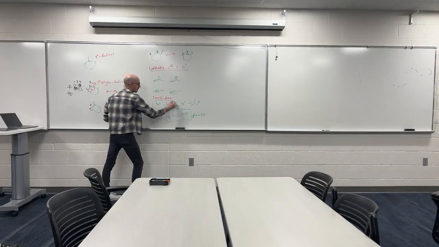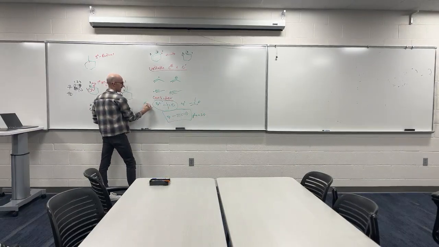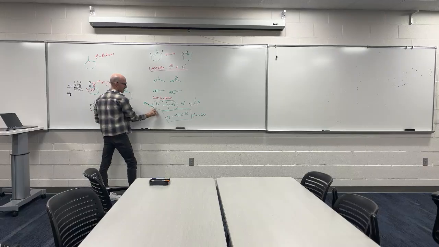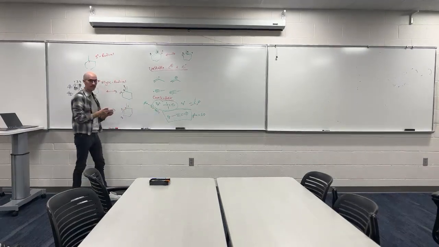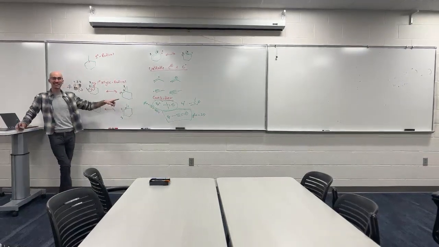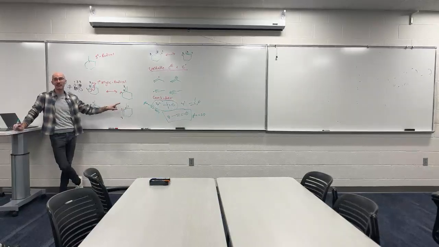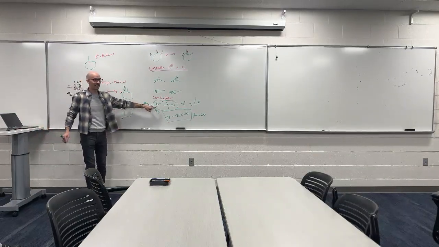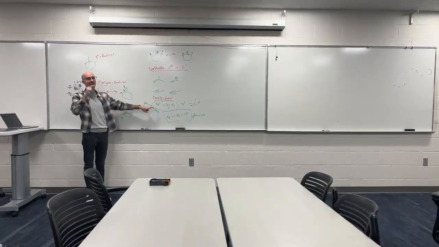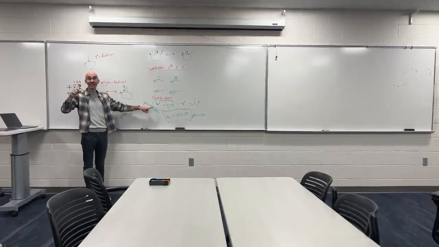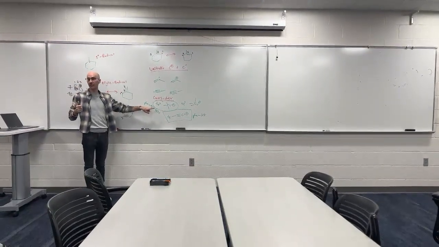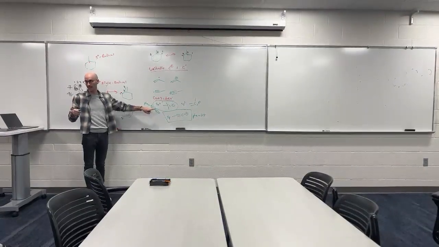Whereas the sp3 carbon has a pKa in the 50s to 60s. That is 10 to the 25 times more basic, 10 to the 25 times less stable, 10 to the 25 times more reactive.